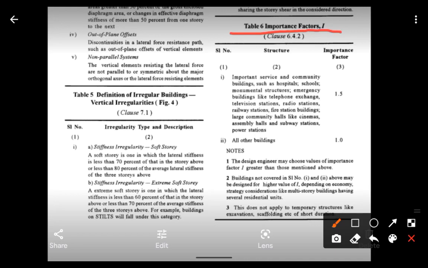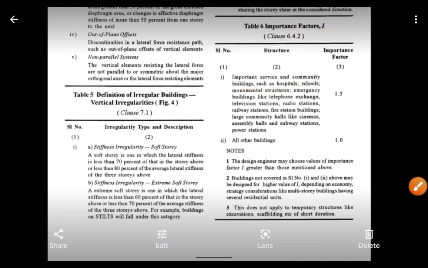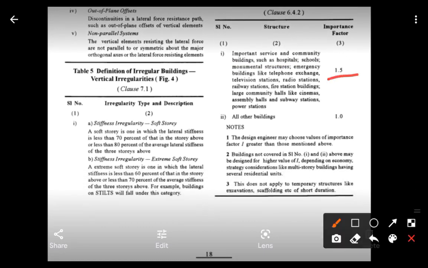The important services and community buildings such as hospitals, schools, monumental services, and emergency buildings like telephone exchange: for all these kinds of buildings we need to consider the importance factor value as 1.5, and for all other buildings other than these types we need to put the value of I as 1.